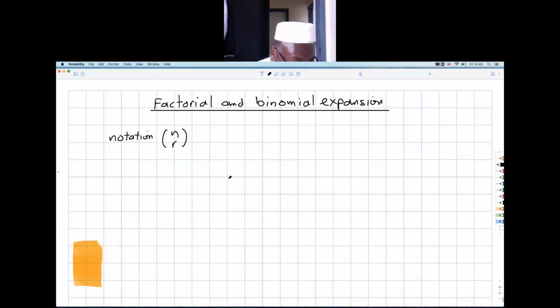So if we have n equal to, for example, 10 and r equals 7, it will be 10 factorial divided by 7 factorial times 10 minus 7 factorial.